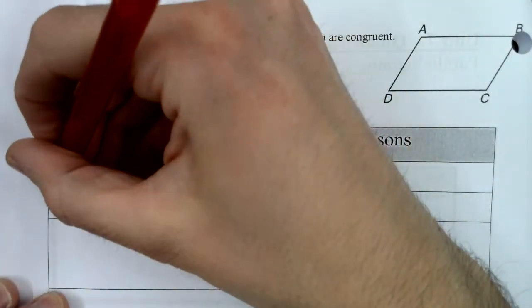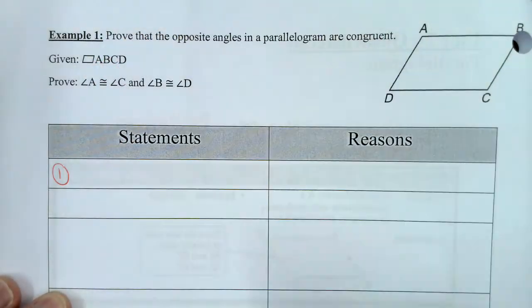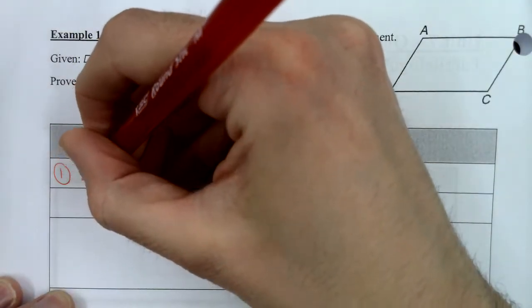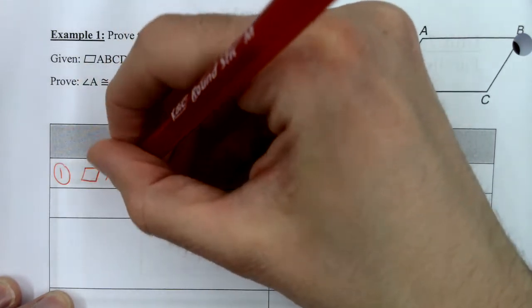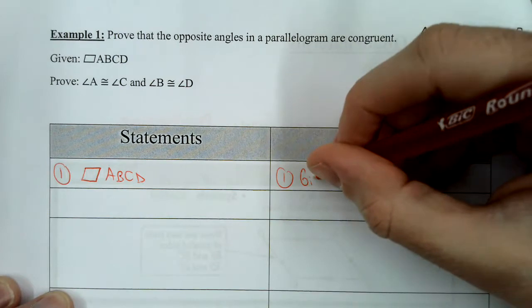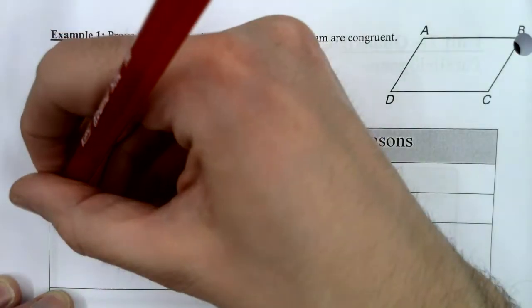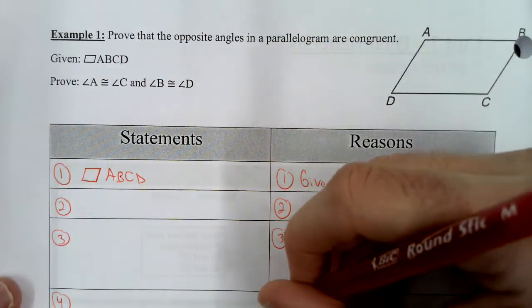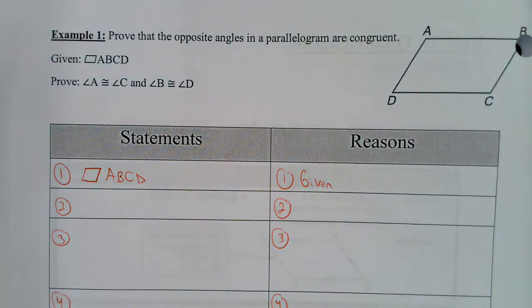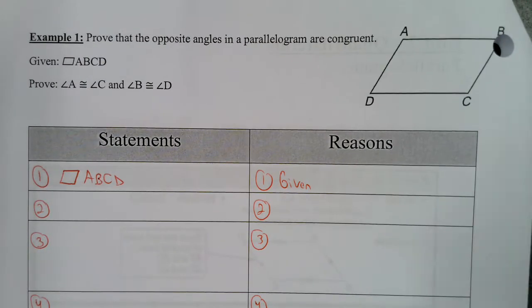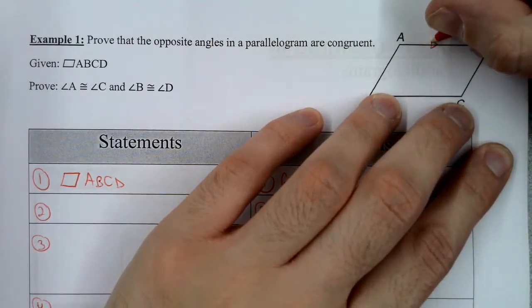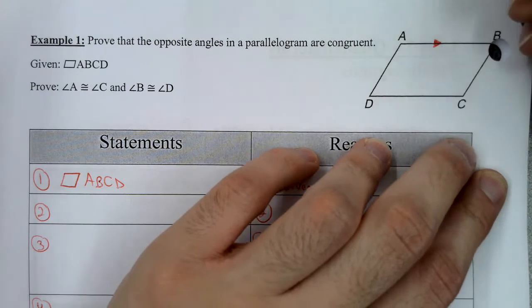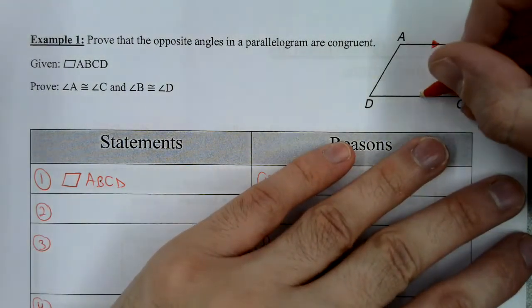So my first statement, we're given, remember that symbol means parallelogram, we're given parallelogram ABCD. Reason one is given. Okay. Since we know that we have a parallelogram, that means that AB is parallel to CD or DC, either one.